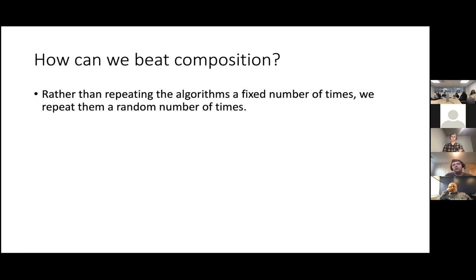This is the approach that was suggested by Liu and Talwar, which says instead of repeating the algorithms a fixed number of times, as in the case I just described where we run each of them exactly once, I'm going to run them a random number of times. It turns out that just a little bit of randomization here is enough to fudge these two numbers to get you a lot better privacy.